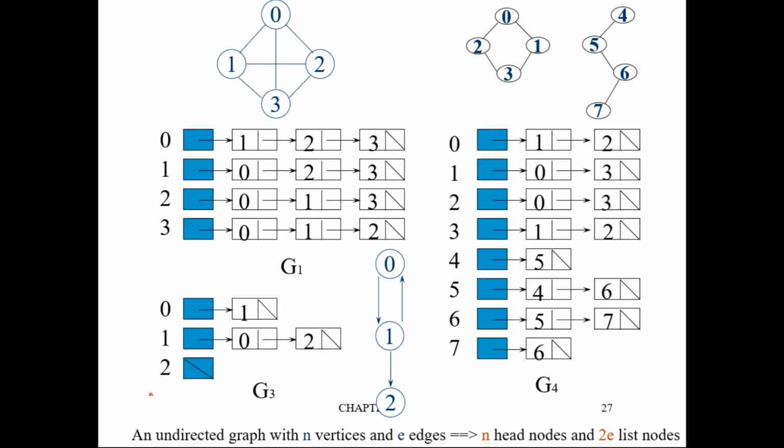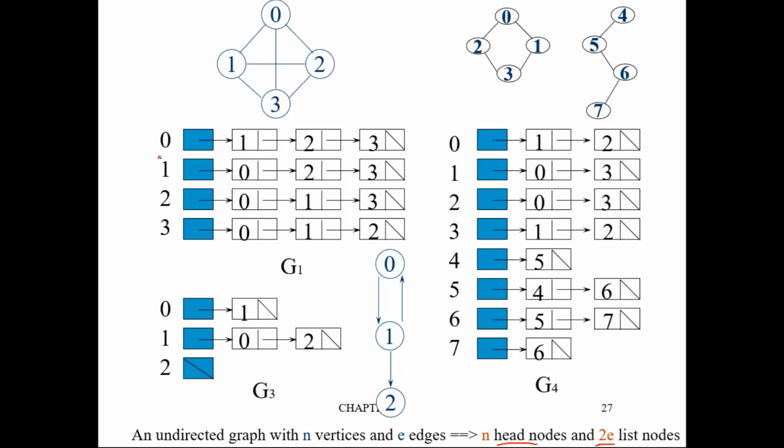Fine. So an undirected graph with n vertices and e edges will have n head nodes and 2e list nodes.